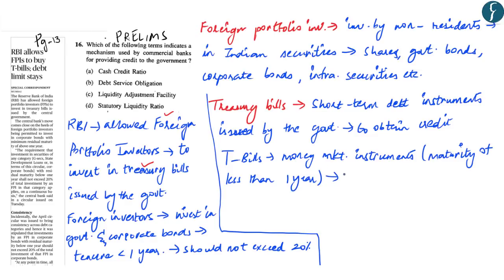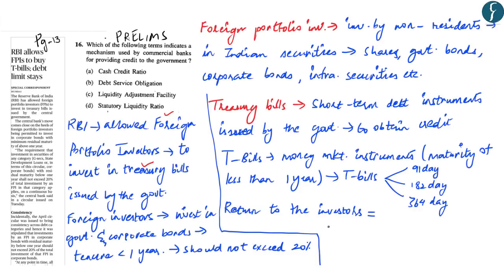At present, treasury bills are issued in 3 maturities, that is 91-day T-bills, 182-day T-bills and 364-day T-bills. Also, investors will obviously invest in treasury bills in order to earn some return on them. So the return to the investors who invest in treasury bills is equal to the difference between the maturity value and the issue price.